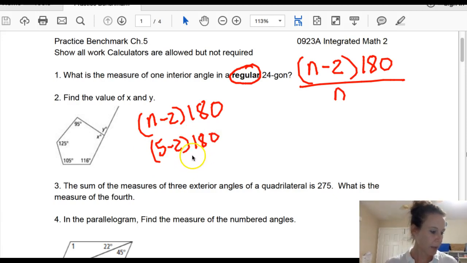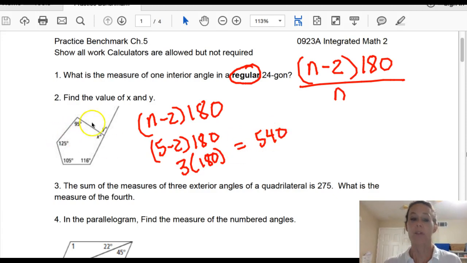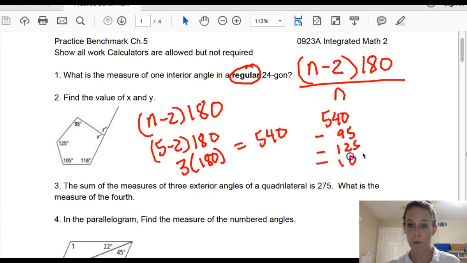All right, when I calculate 5 minus 2 times 180, that's 3 times 180, and that's going to give me 540. Now to figure out this angle, I can't divide by 5 because this isn't regular. I have to subtract off all these angles to figure out this angle. So I'm just going to go 540, and then I'll subtract off 95, 125, 105, 116.